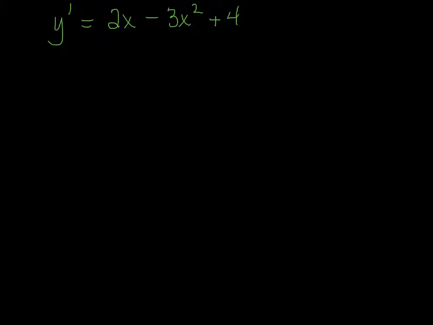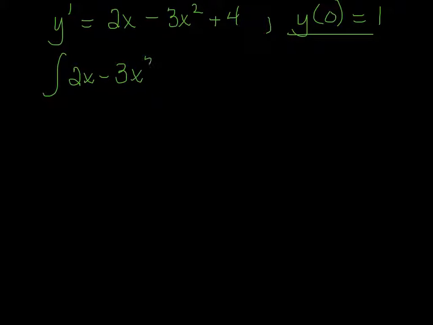Let me rewrite one of the initial conditions that they gave us, that y of 0 is equal to 1. So now you have a y prime equation, and you want to find y according to the set of initial conditions that they gave you over here. So we're going to integrate the 2x minus 3x squared plus 4. That's the y prime.